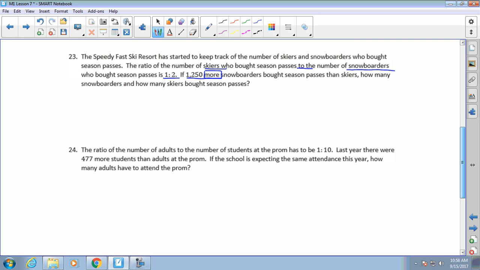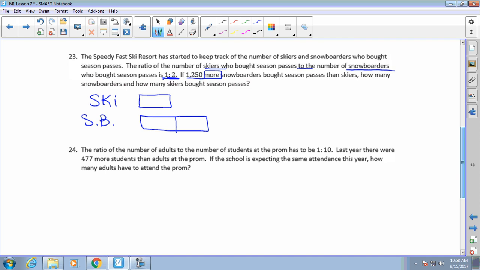A lot of people were putting that info in the wrong place, and therefore a lot of the math calculations they did didn't work out the way they needed to. So we know that skiers was 1 and snowboarders had 2, right? So the ratio is 1 to 2. I got that right here, okay? 1 to 2.